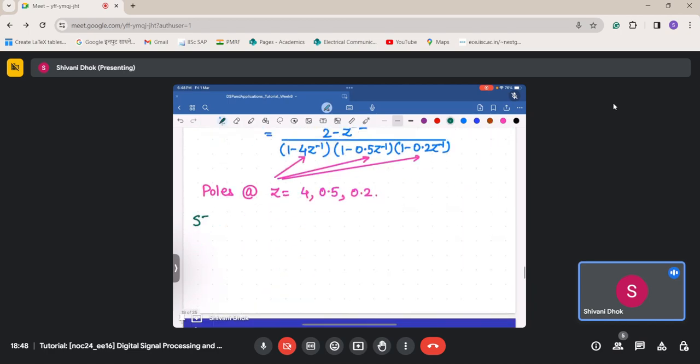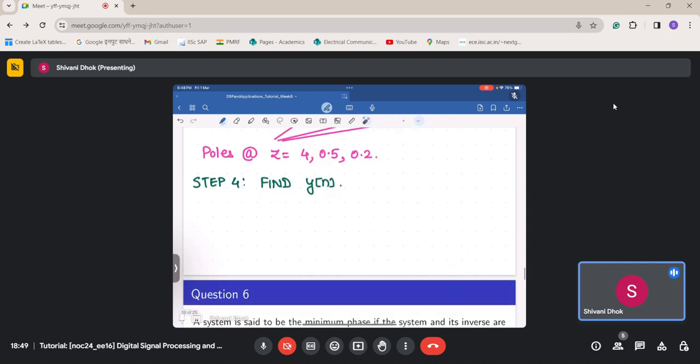So now we have step 4, find y of n. We know the pole locations and we know the multiplicity of these poles, that is, these are not repeating poles, it is a single pole.